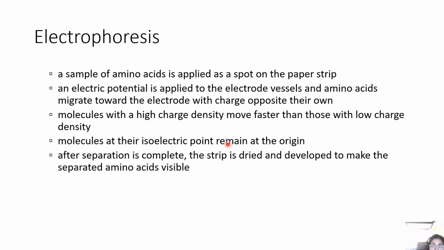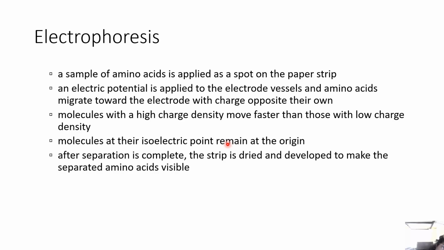A sample of amino acids is applied on a spot on the paper strip. An electric potential is applied to the electrode vessels and the amino acids migrate towards the electrode with charge opposite to their own. Molecules with a high charge density move faster than those with a low charge density. Molecules at the isoelectric point remain at the origin.